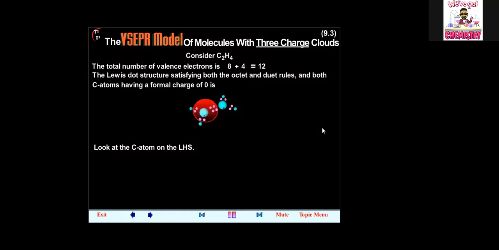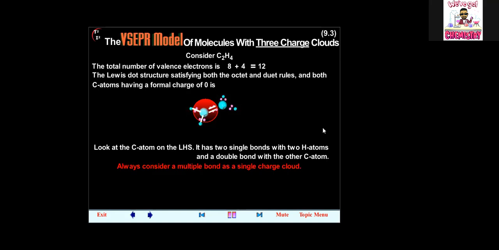Look at the carbon atom on the left-hand side. It has 2 single bonds with 2 hydrogen atoms and a double bond with the other carbon atom. Always consider a multiple bond as a single charge cloud. Hence, this carbon atom has only 3 charge clouds.